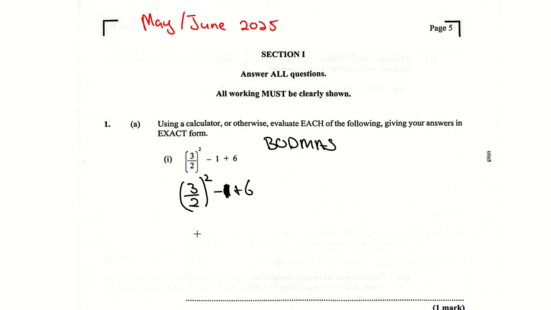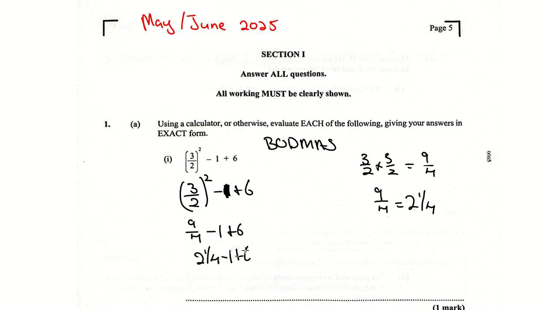So it's 3 over 2 by 3 over 2. 3 over 2 multiplied by 3 over 2 is 9 over 4. So 9 over 4 minus 1 plus 6. We can change 9 over 4 to a mixed number: 4 into 9 is 2, remainder 1 over 4. So 2 1/4 minus 1 plus 6.